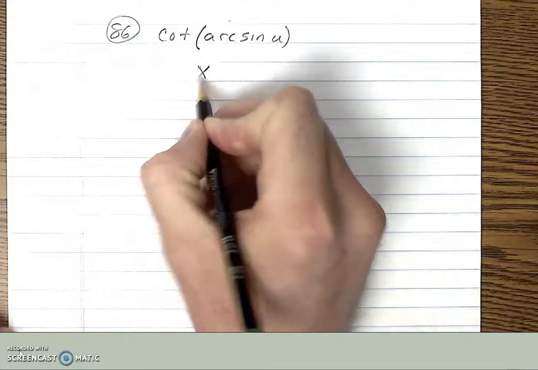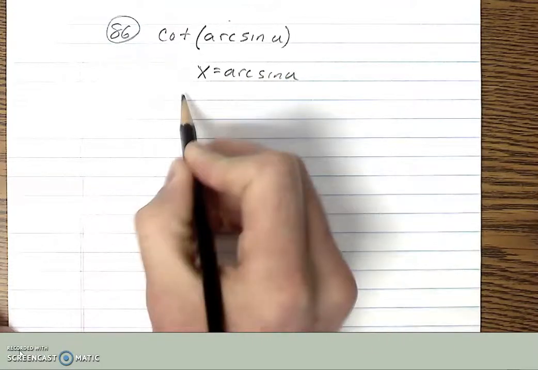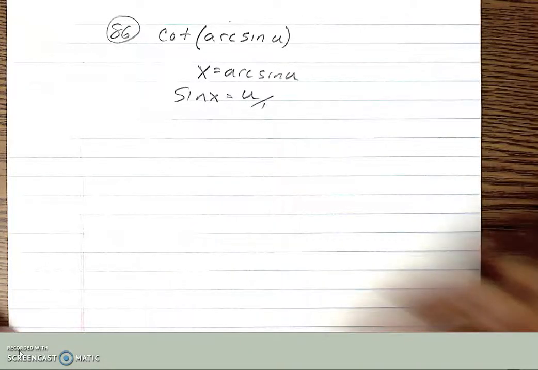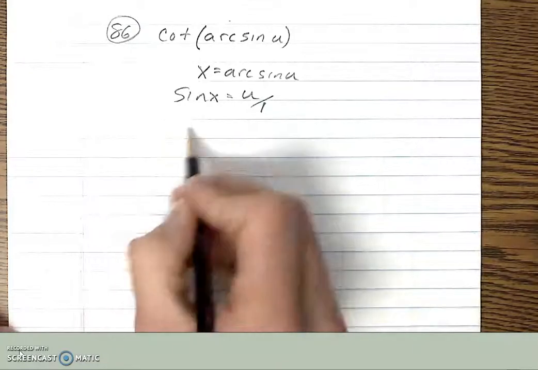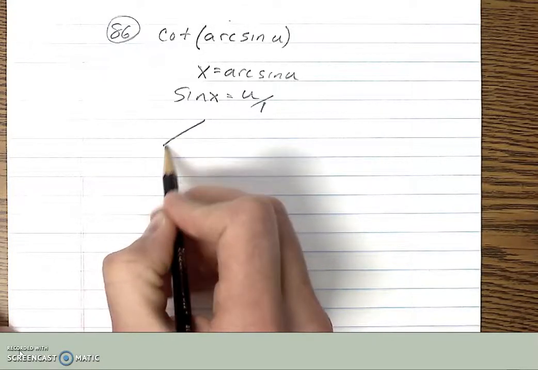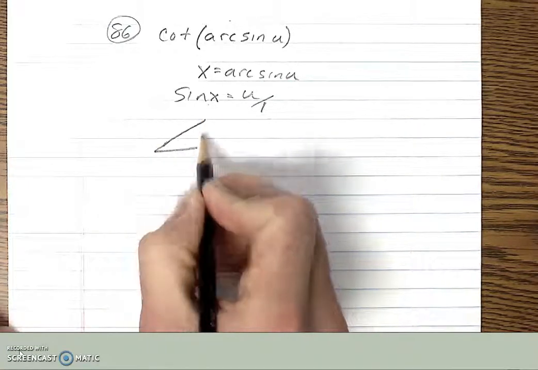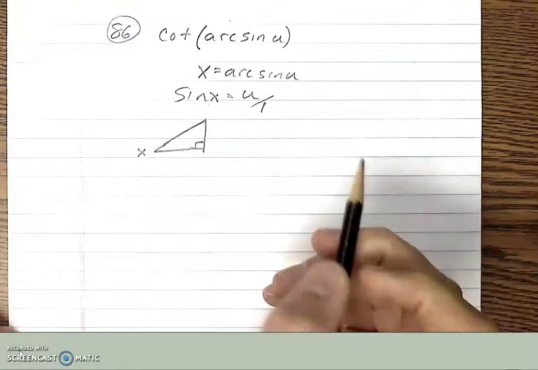So if we said let x equal the arcsine of u, then the sine of x would be u, and it'd be u over 1, right? And so we can draw a triangle for x, because again, that's your angle. X is your angle here.